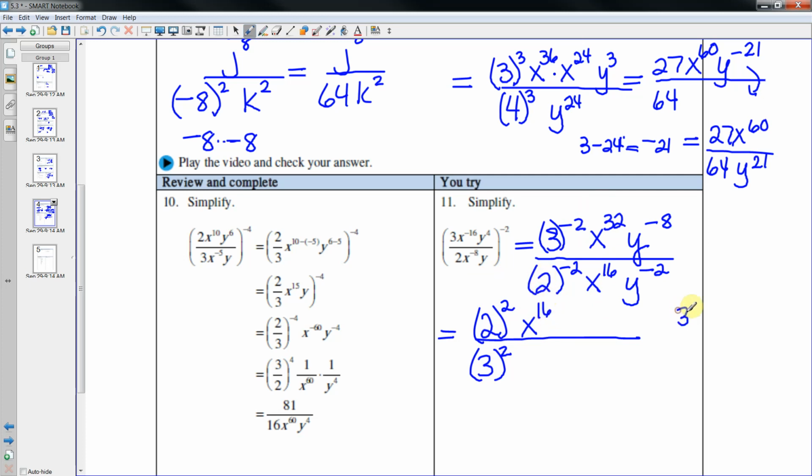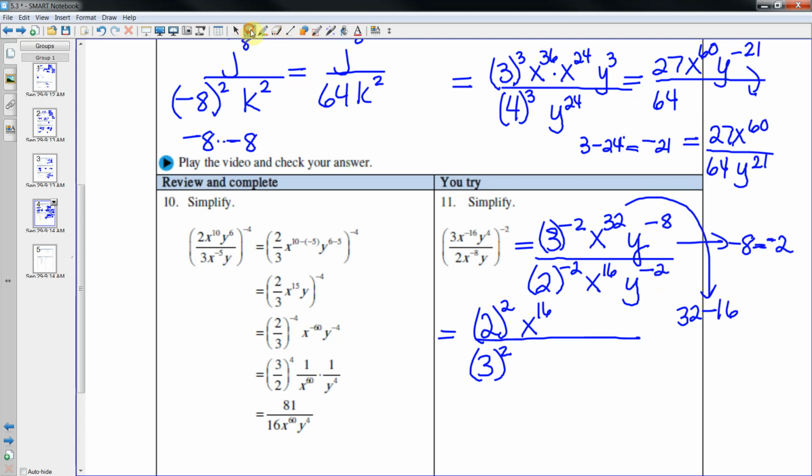So 32 minus 16. That's what I did for the x's. Now for the y's, I have negative 8 minus a minus 2, because I subtract these two exponents, the top minus the bottom, and with the bottom one I end up with double negatives.